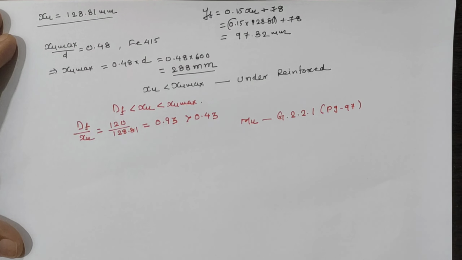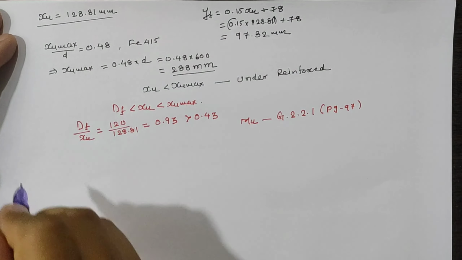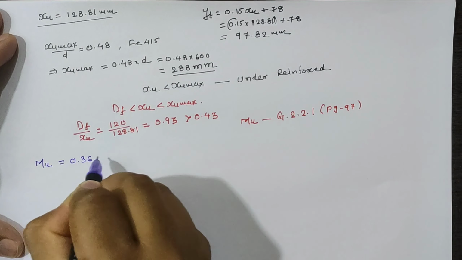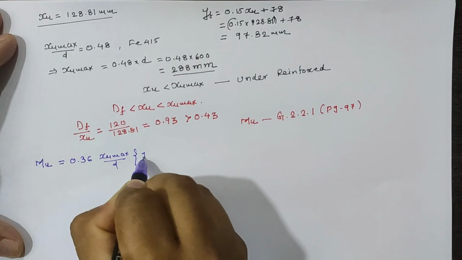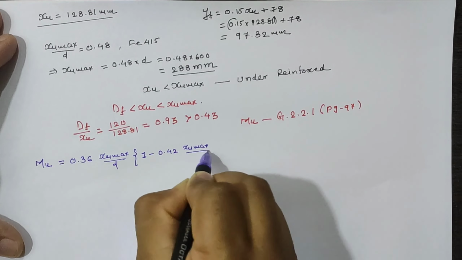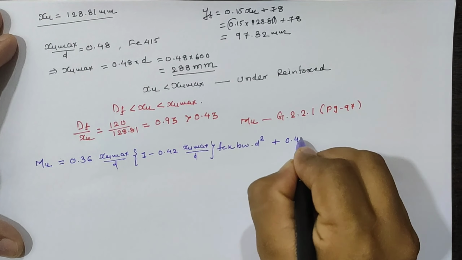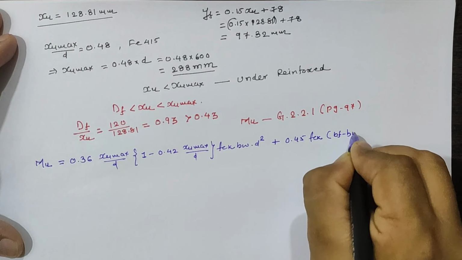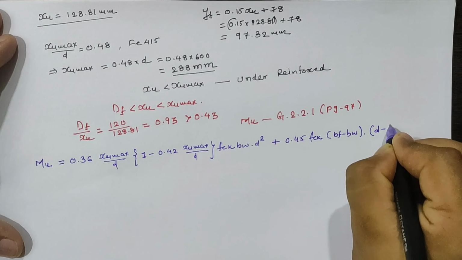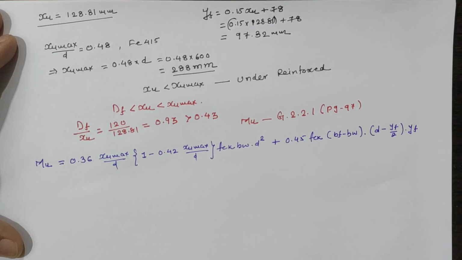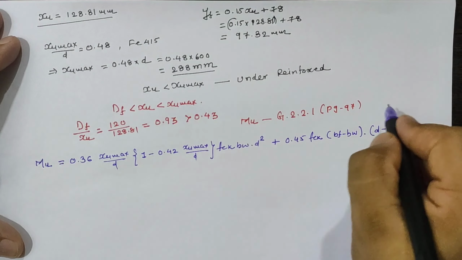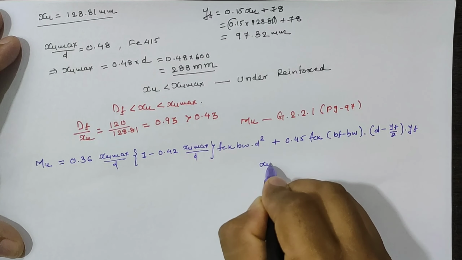where the equation for moment of resistance is given. We have to put Xu equal to Xu max, which is equal to 128.81 mm, in the above equation.